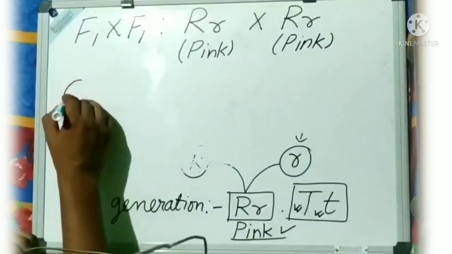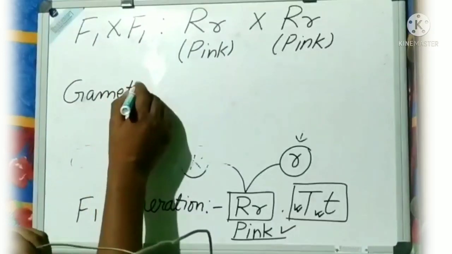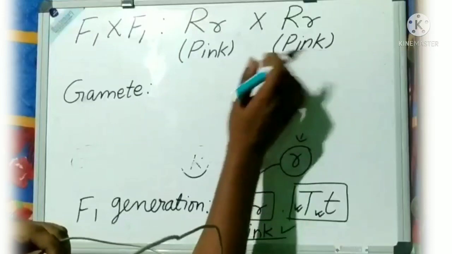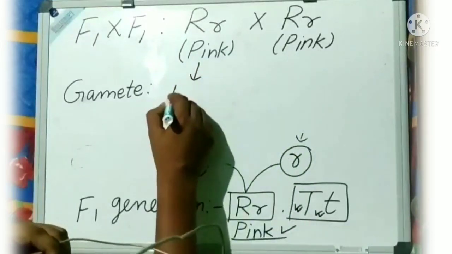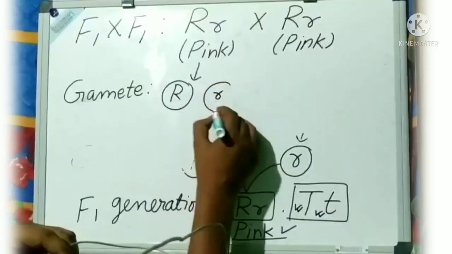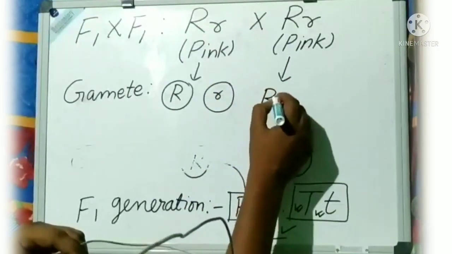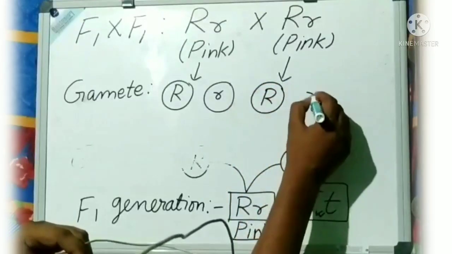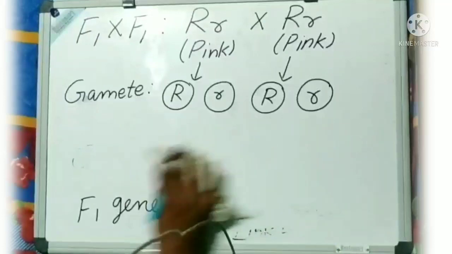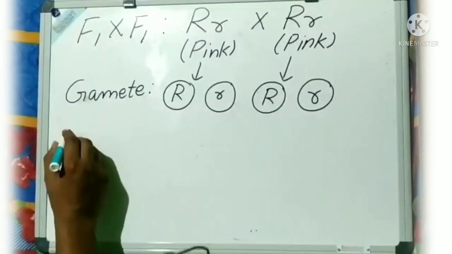The next step is gamete formation. Suppose it is a male plant and it is a female plant. We will find a male gamete containing capital R and a second gamete containing small r. Similarly here we will find capital R and then small r. Is it clear?